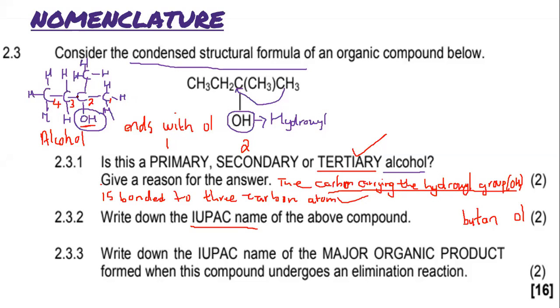As a result, this is the correct way to number it. Another learner could have numbered from there and said 1, 2, 3, 4 and will still get the same answer. So I can see that in my parent chain, the hydroxyl group is on carbon 2.